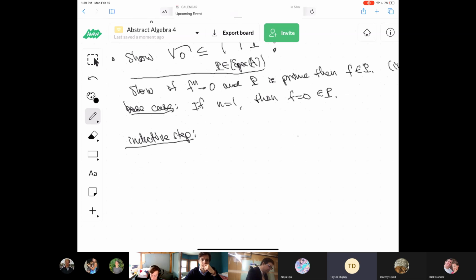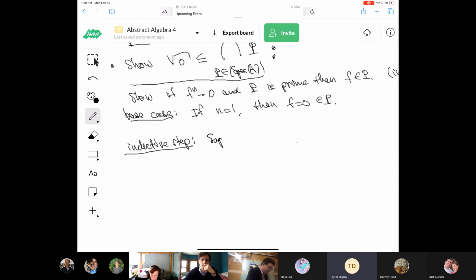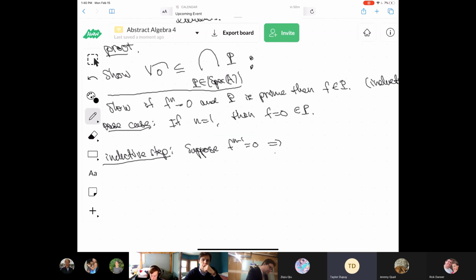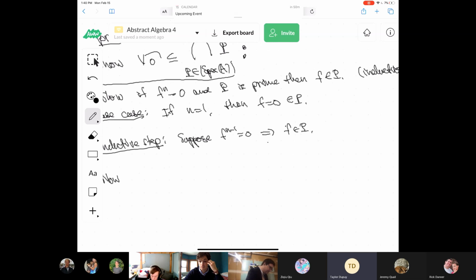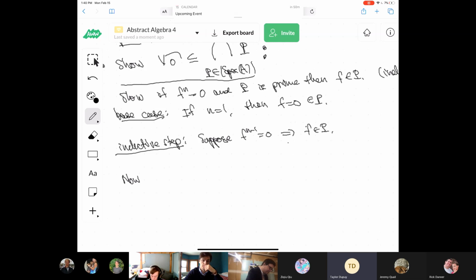We'll suppose f to the n minus 1 is equal to 0 implies that f is in p. This is the hypothesis here.